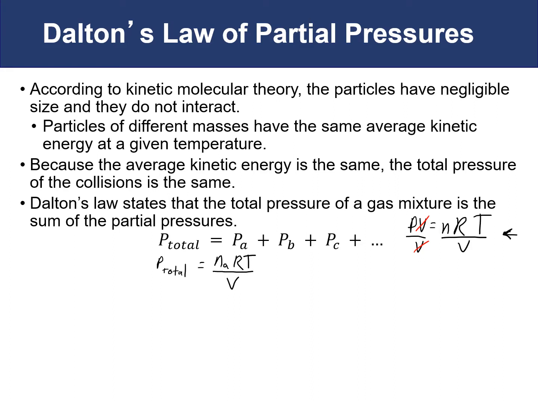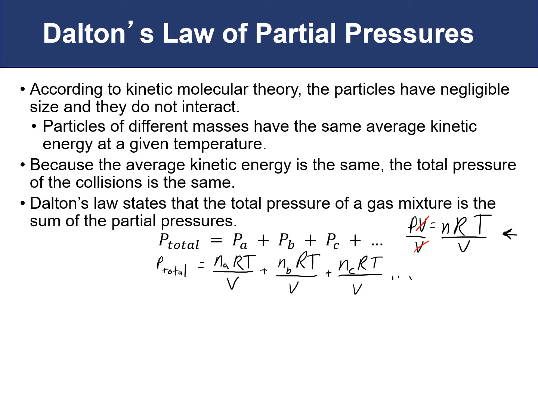So we will add this plus the number of moles of B times RT over V plus the number of moles of component C times RT over V, and we can keep doing this for however many different components we have.